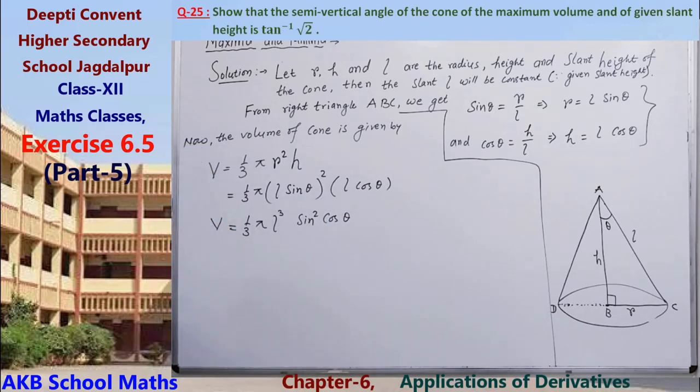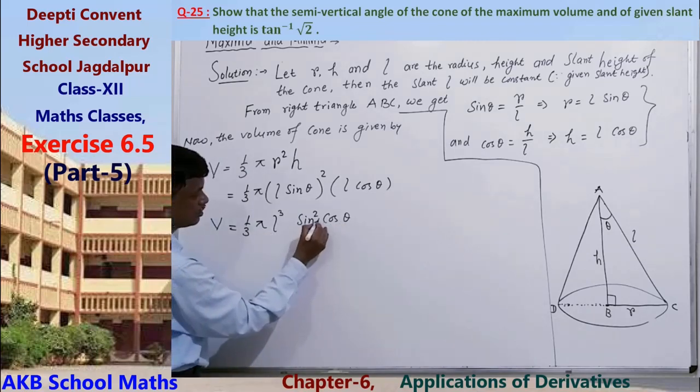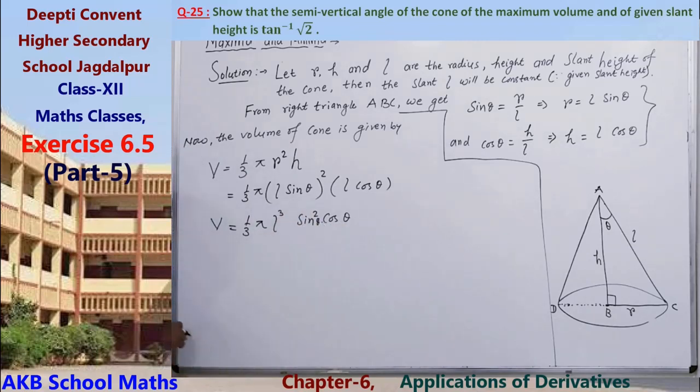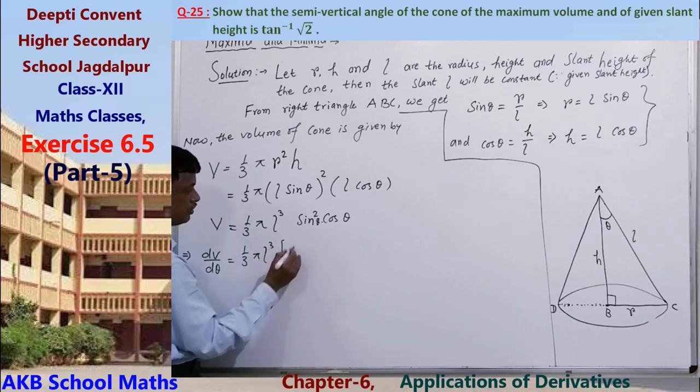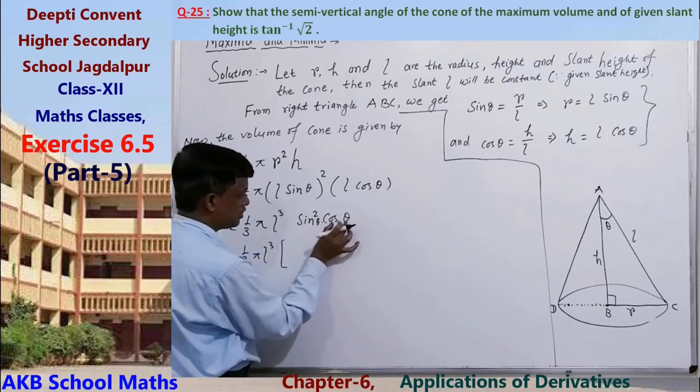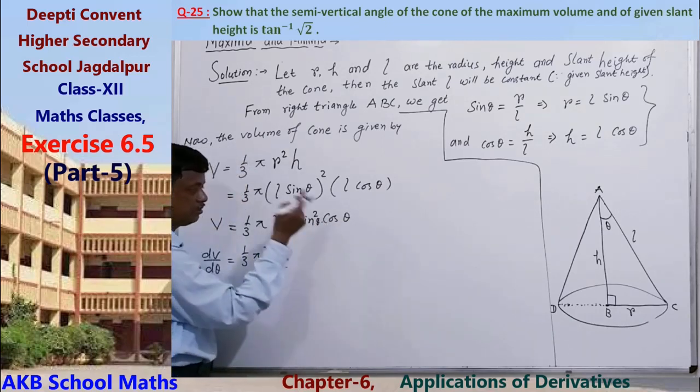Now differentiate it. L is constant, so theta is variable. So find dV by d theta. Differentiate with respect to theta. 1 by 3 π L³, this is constant. Now first function, second function. First function cos theta, derivative minus sin theta.